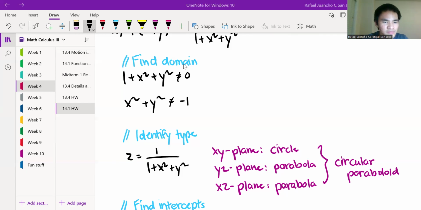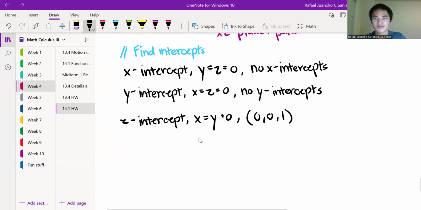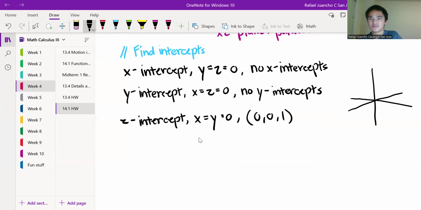How many more do we have? We have a couple of graphs here. It kind of looks like basically this, and then there's a hump here at 1.